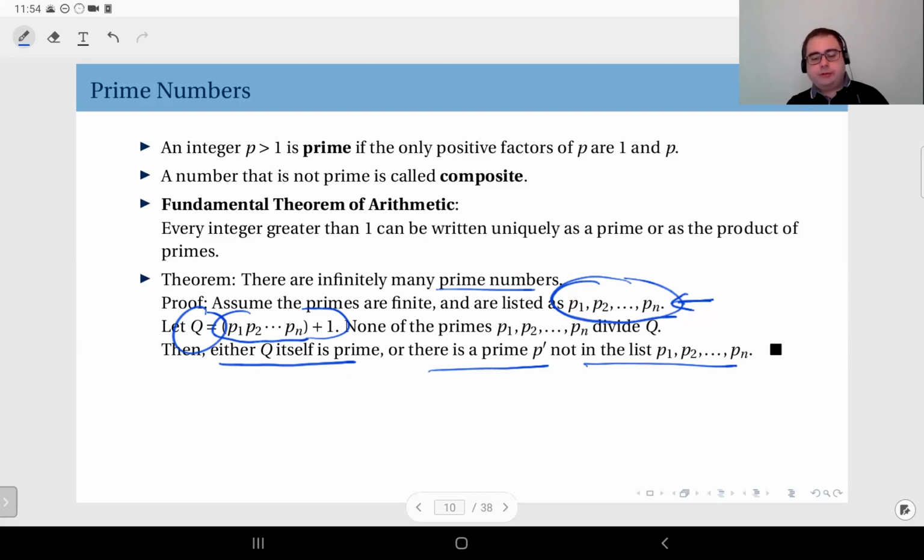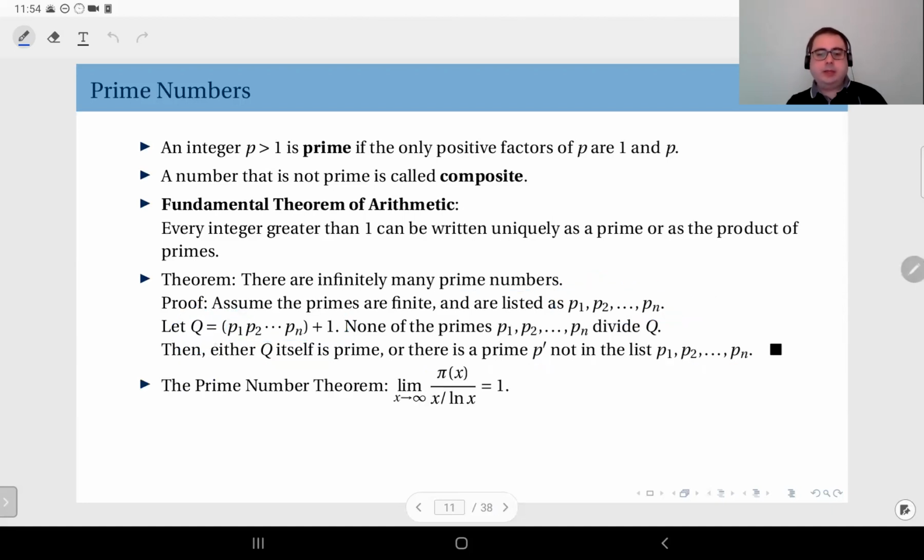So a typical question is, how many prime numbers are there up to a given number? That is denoted by this function here, pi of x. This is the prime number function, and it's equal to the number of primes less than or equal to x.